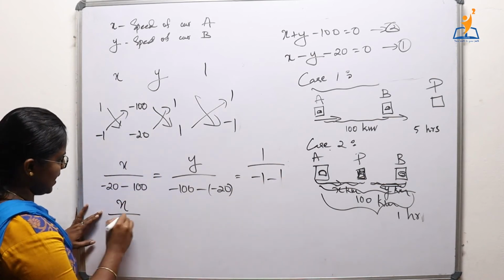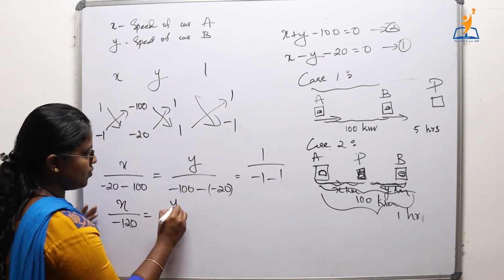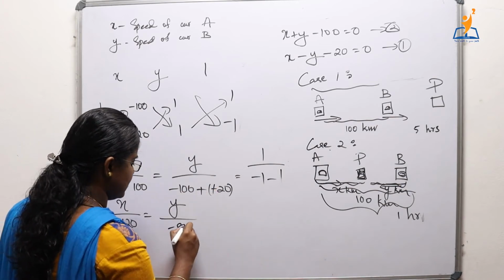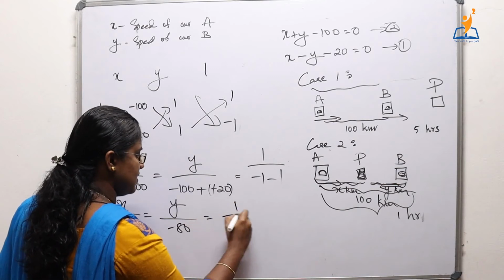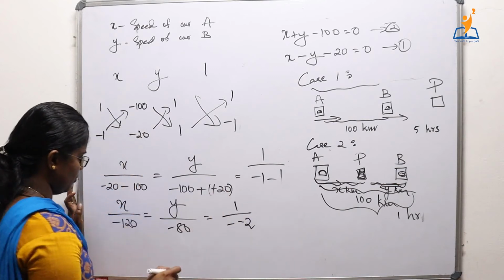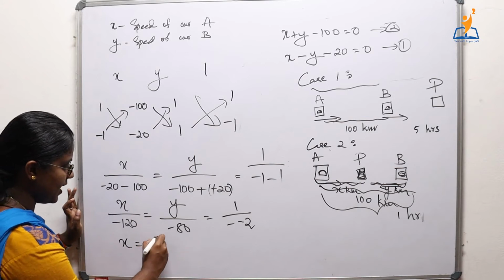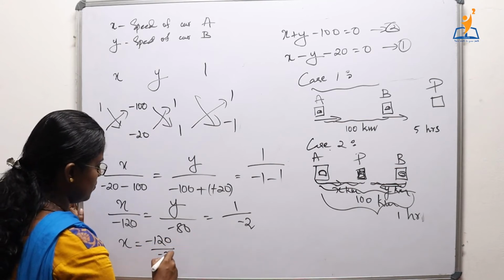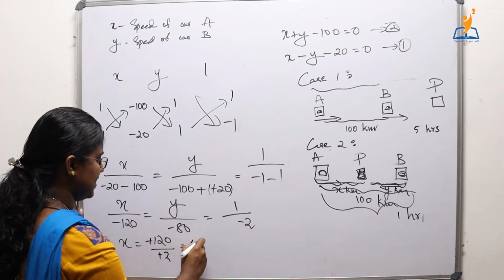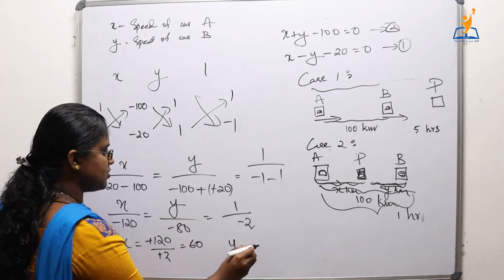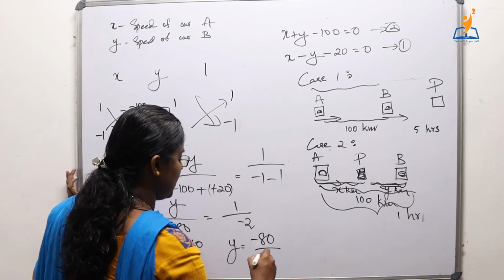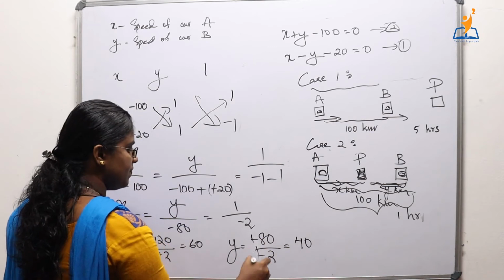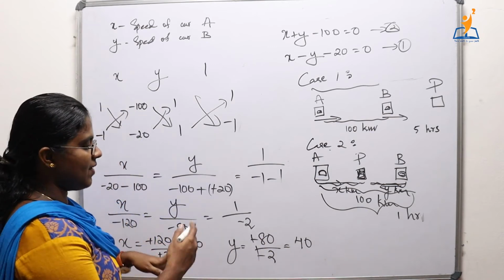So x by minus 120 is equal to y by minus 100 plus 20, which is minus 80. This is equal to 1 by minus 2. So x is equal to minus 120 by minus 2, which is 60, and y is equal to minus 80 by minus 2, which is 40. So x is equal to 60 and y is equal to 40.